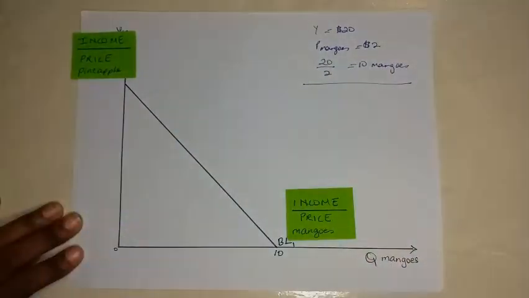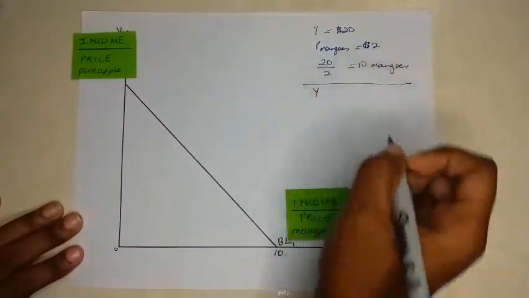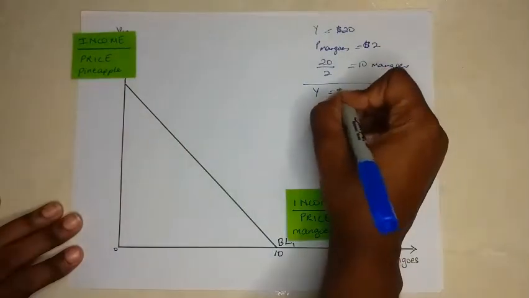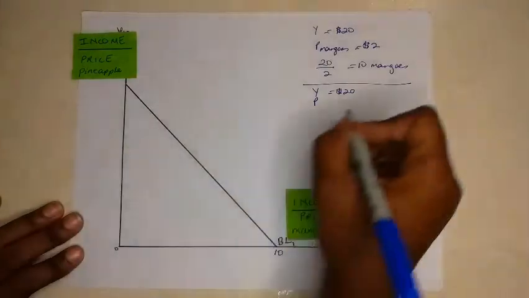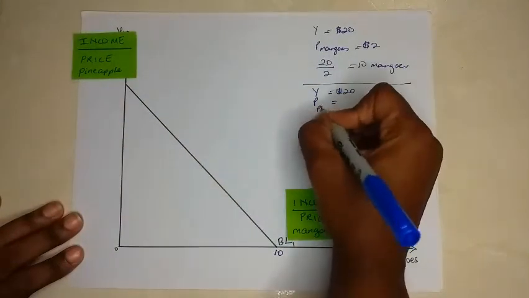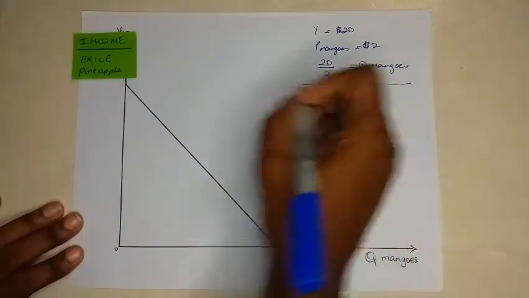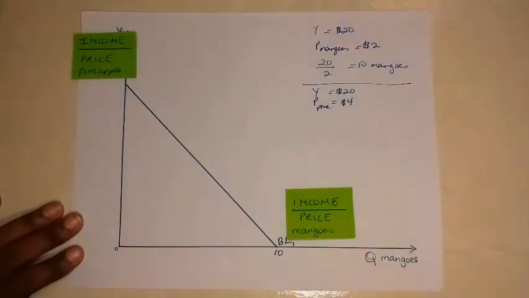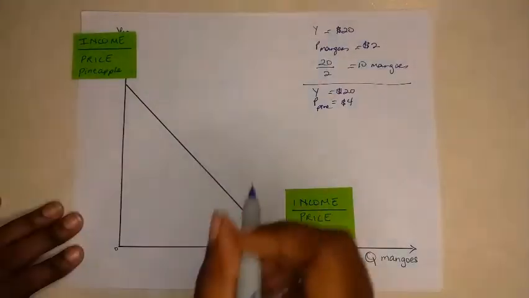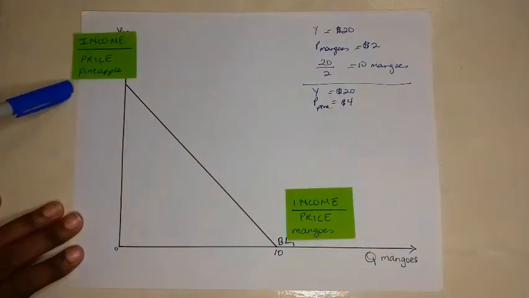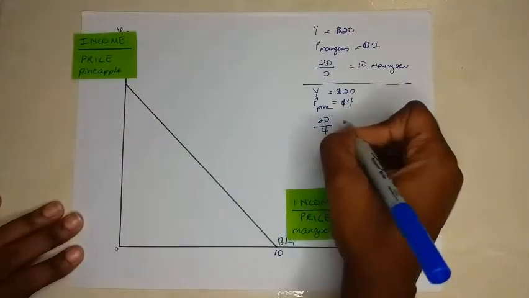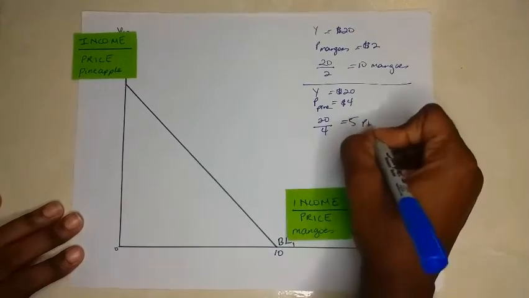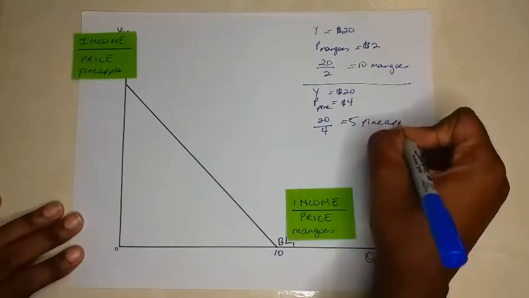Let's look at the case now for pineapple. Assuming income is equal to $20 and the price of pineapple, let's say, is $4, how would we get the maximum number of pineapples we can get? It's the same thing, income divided by the price. So it would be 20 divided by 4, which is 5 pineapples.